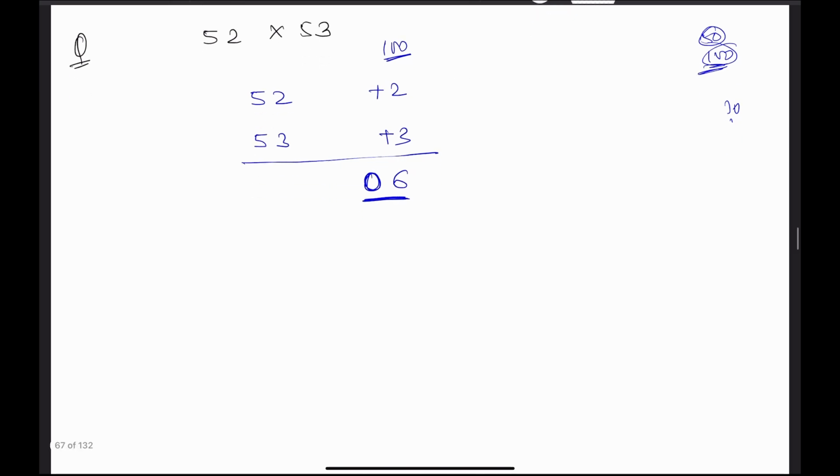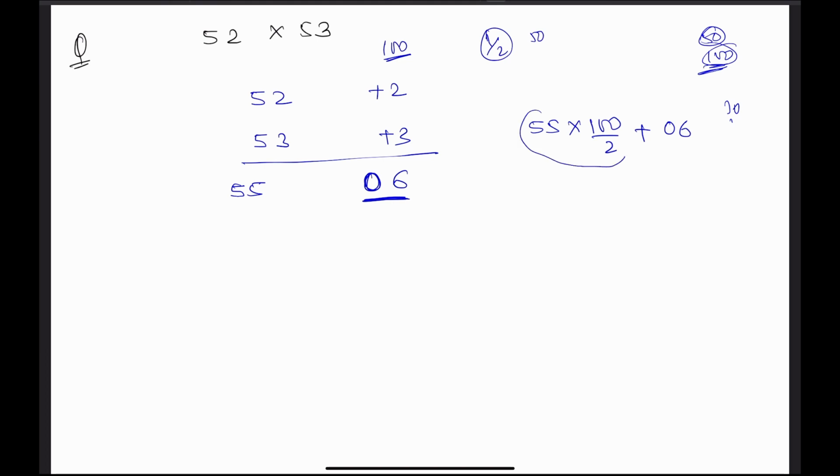Then again here it will be 55. What we did, we just make a half. 50 is half of 100 into 2. So this is actually 55 into 100 by 2 plus 06.